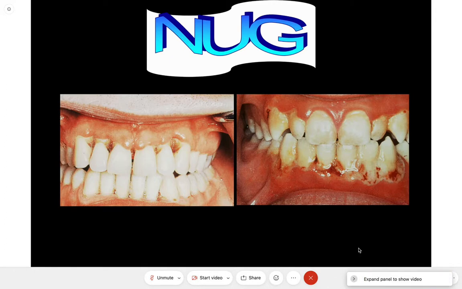The patient normally comes with painful gums and maybe a strange or metallic taste in the oral cavity. If you can see this typical crater-like lesion, it's not so difficult to diagnose the disease as necrotizing ulcerative gingivitis.